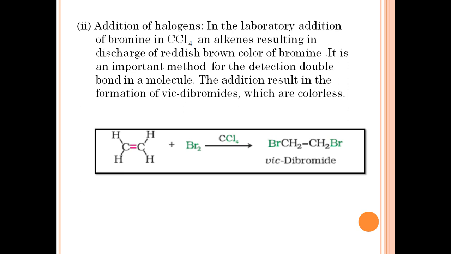Addition of halogens. In the laboratory, addition of bromine in CCl4 to an alkene results in the discharge of the reddish brown color of bromine.